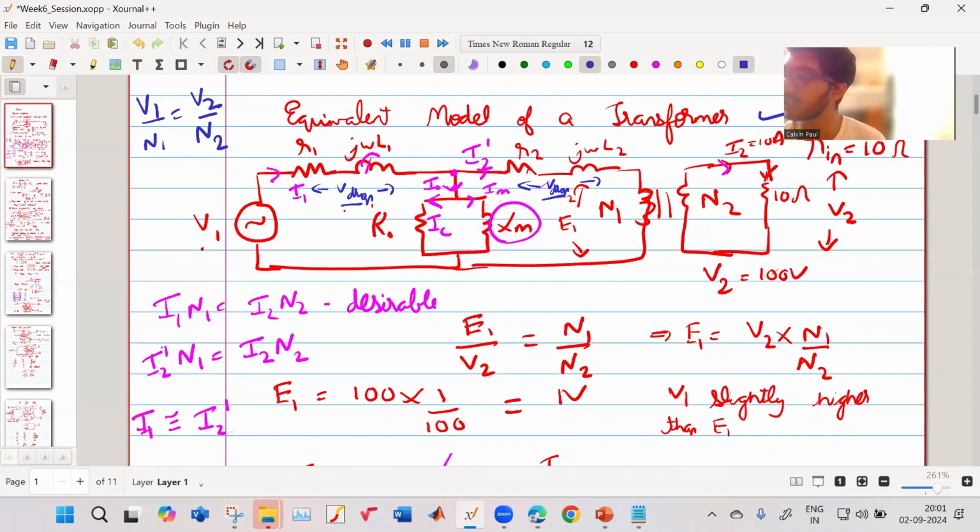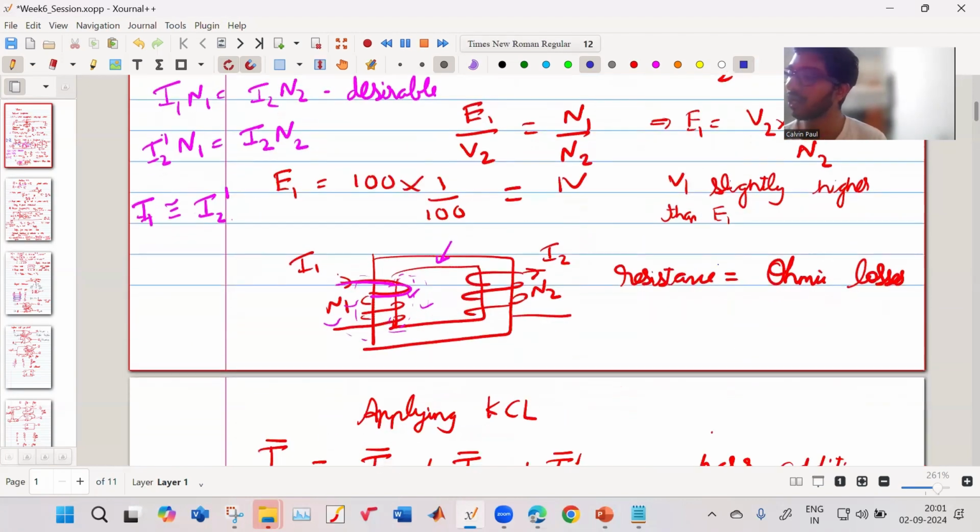What is desired, but because of these non-idealities, how the desired condition is not met, that I've shown. How the ohmic losses are there because of the resistances, and the inductances are due to the magnetic flux leakage or to represent the magnetizing current.